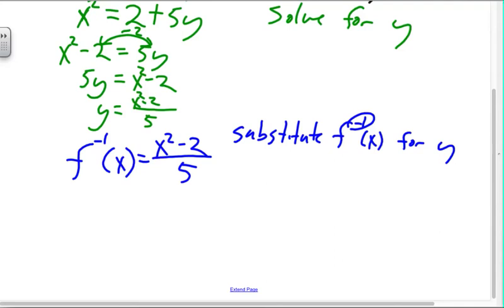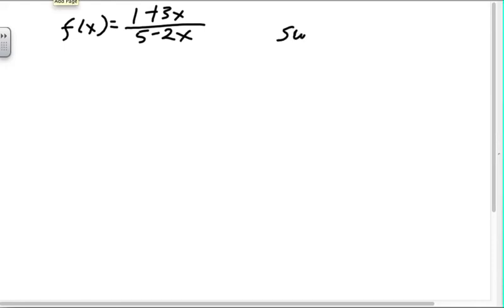Let's do another example. This one looks really bad, but it's really not. So we've got f of x equals 1 plus 3x over 5 minus 2x. So the first thing I want to do is switch f of x for y.